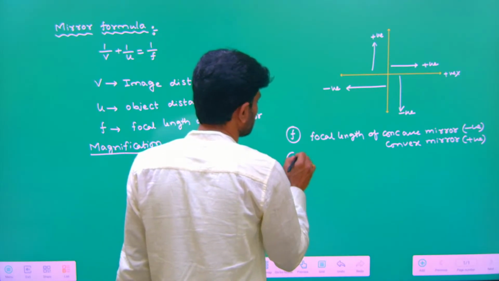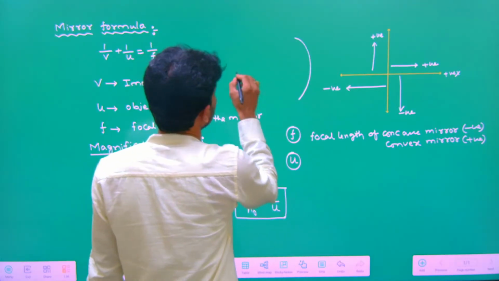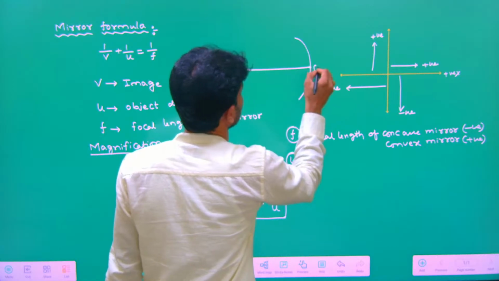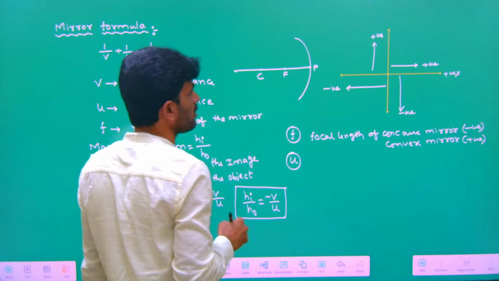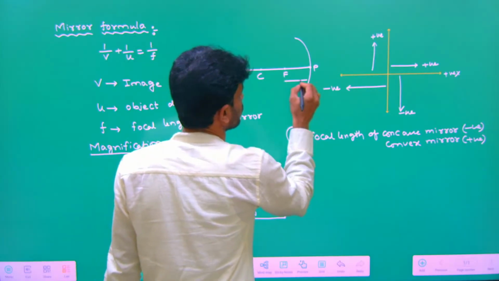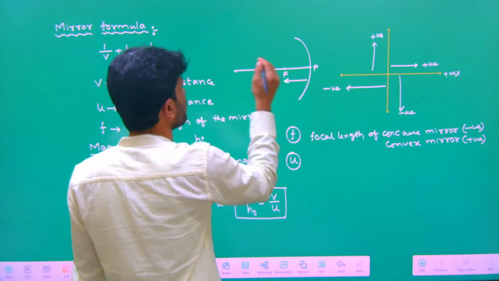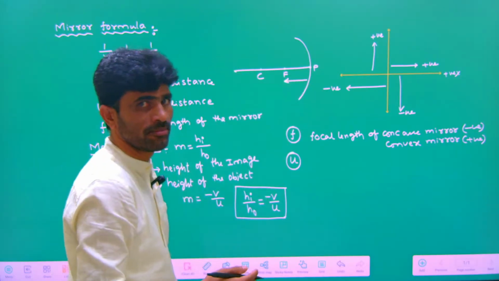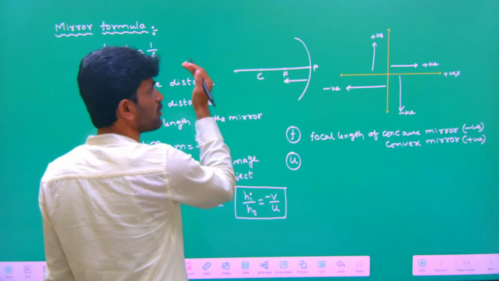Next, object distance. See here, we will be having a concave mirror like this. This is the pole, here the focus, here the center of curvature. Because the focal length is towards the negative side, we will take focal length negative. And we always keep the object in front of the mirror, on the left side of the mirror.